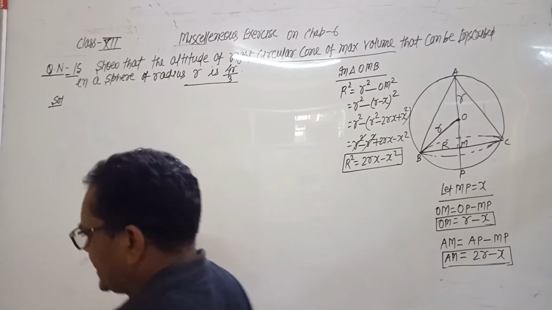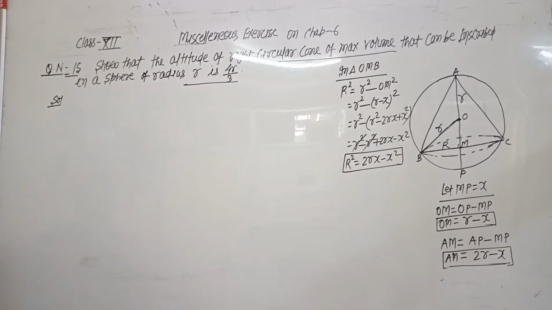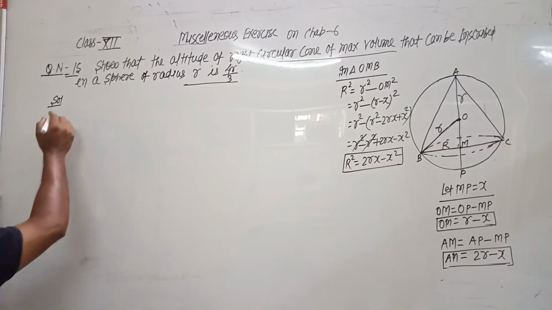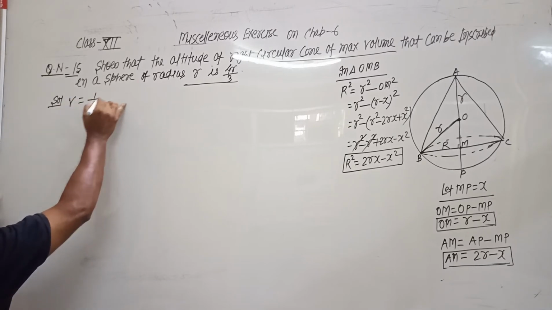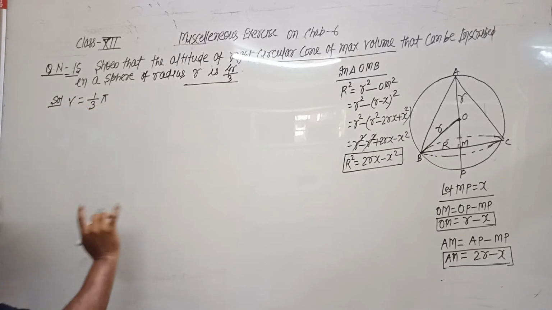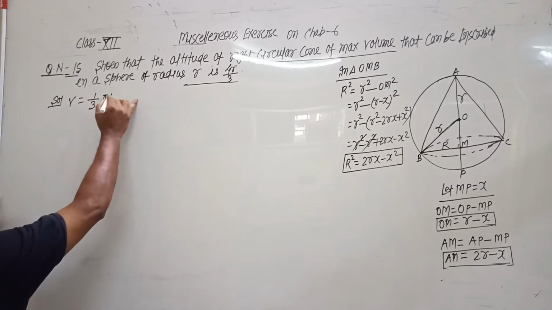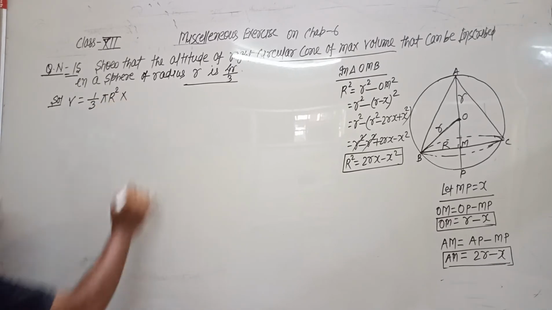This we have calculated as capital R square, where capital R is the radius of the right circular cone. Now we have to find the volume of the cone. The volume of the cone is 1 by 3 pi R square into height.